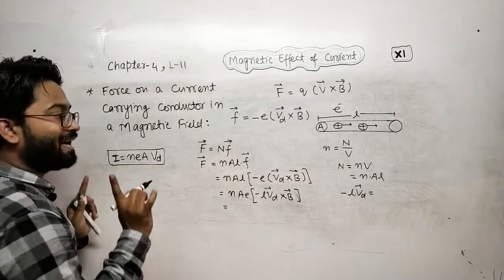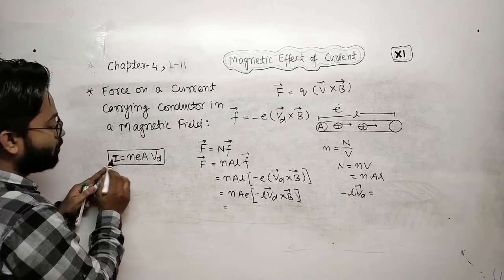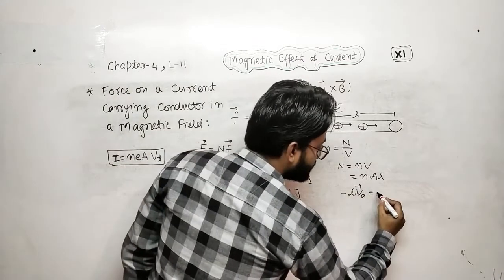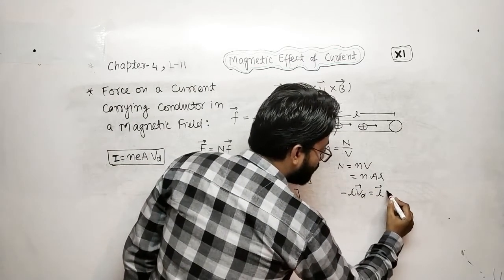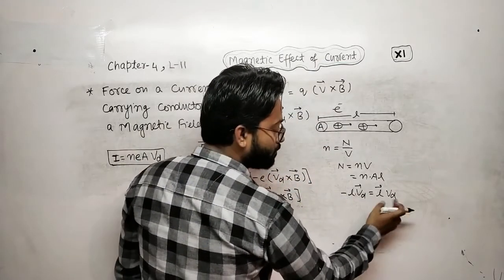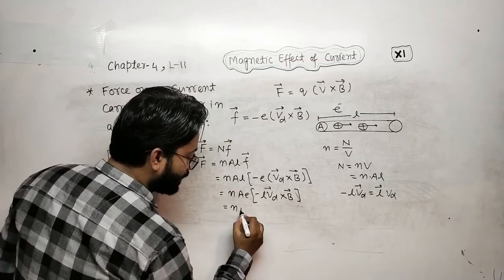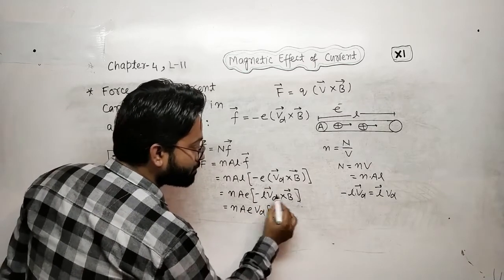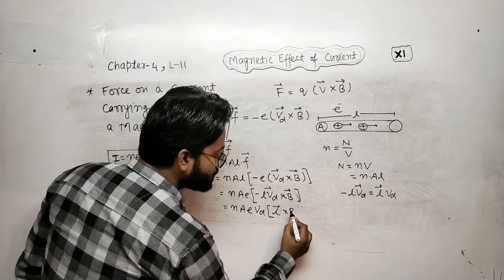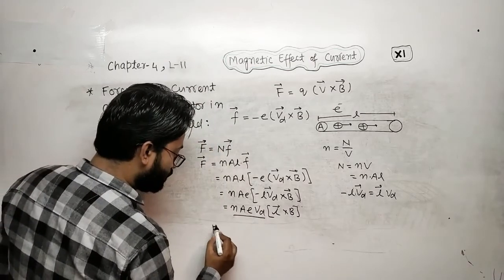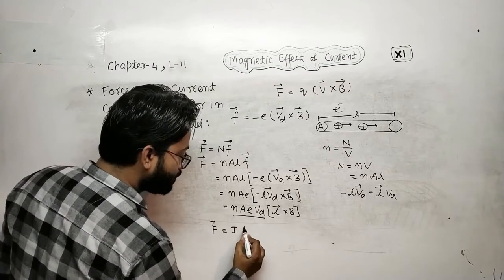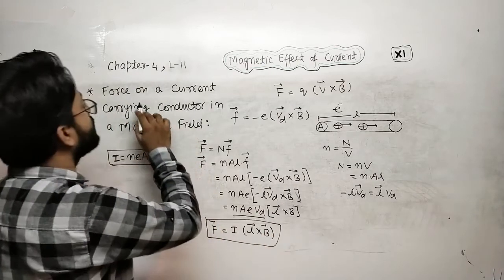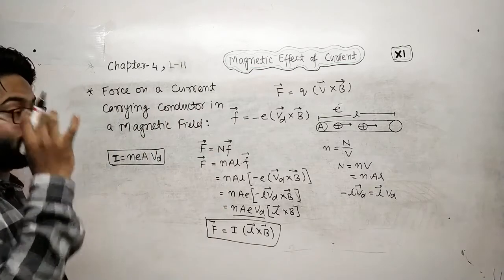That means the direction of motion of the electron and the direction of flow of current are opposite. So we will write minus L V D because the direction is opposite. With current n A E, V D you can take common, and L cross B. In place of this you will write current I, L cross B. This is the derivation of the force on a current carrying conductor in a magnetic field.